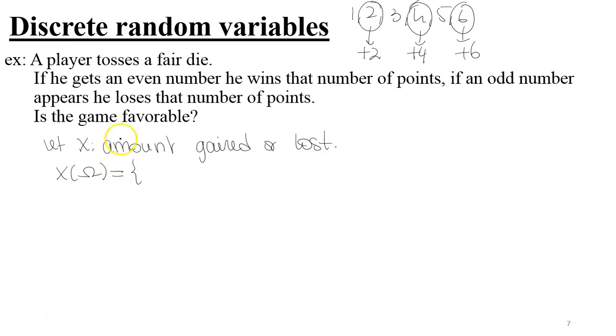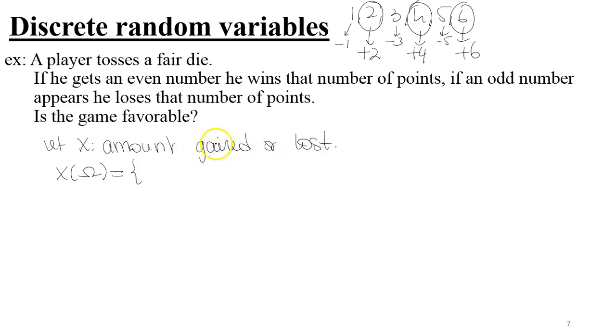However, if an odd number appears, he loses that number of points, which means that if he rolled a 1, he's expected to lose 1 point. If he rolled a 3, he's expected to lose 3 points. And if he rolled a 5, he would in fact lose 5 points.